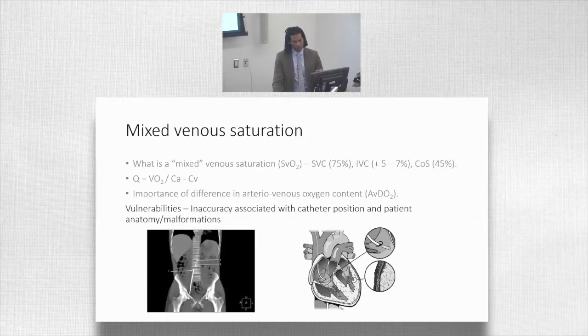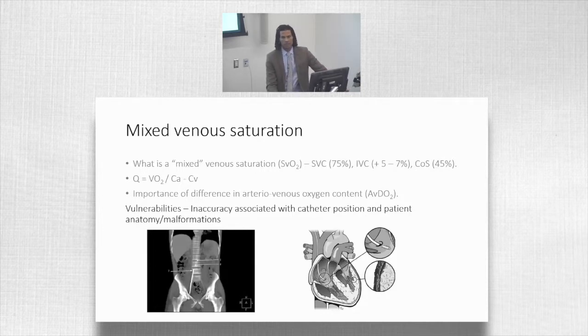And it's important, because of what we've been talking about, to recognize what the classic inaccuracies associated with catheter position are. So if you put in a femoral line, and that femoral line sits opposite the renal veins, you will overestimate the mixed venous saturation. And that's because the renal venous saturation is the highest venous saturation in the body. The kidneys only require about 20% of the blood flow that they receive for their nutritive needs.